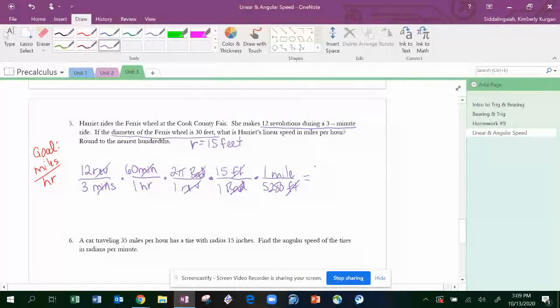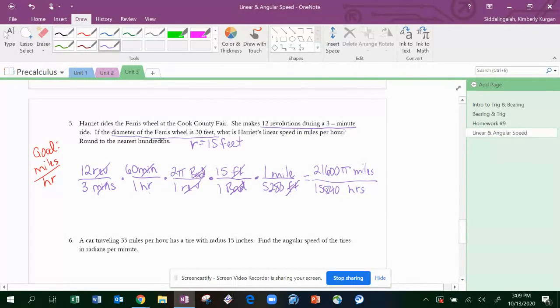So my numerator is going to be 12 times 60 times 2 pi times 15. All right, let me keep that in terms of pi right now. So 12 times 60 times 2 times 15 is 21,600 pi, over basically 3 times 5,280, so over 15,840.